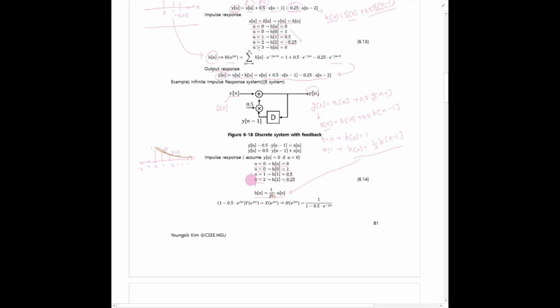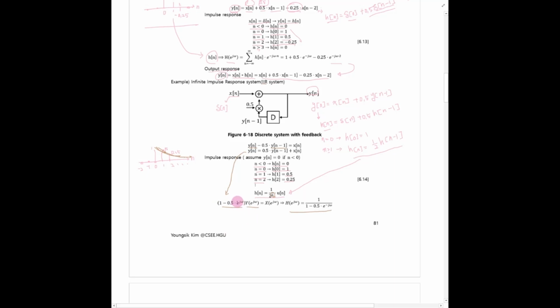We would like to take the DTFT of this system. We know that the exponential function's DTFT has these shapes, or we can take the DTFT for the time shifted version. So this is Y(e to the j omega), and minus 0.5 times, this is one time shifting, that is this term.